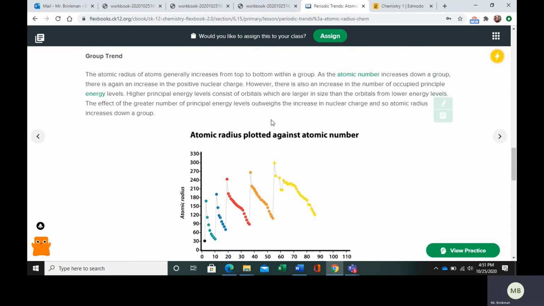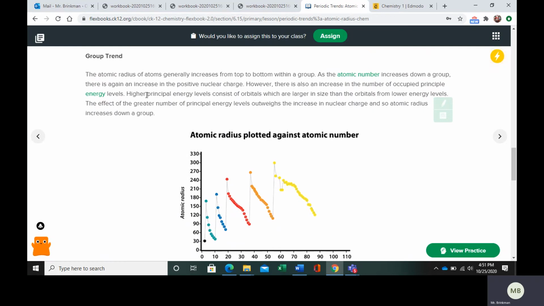We said that within a group, the atomic radius increases from top to bottom. We are increasing atomic number as we go down a group, and we are also increasing the number of electrons, but there's an increase in the number of occupied principal energy levels. As we go down a group, we are filling higher and higher energy levels.